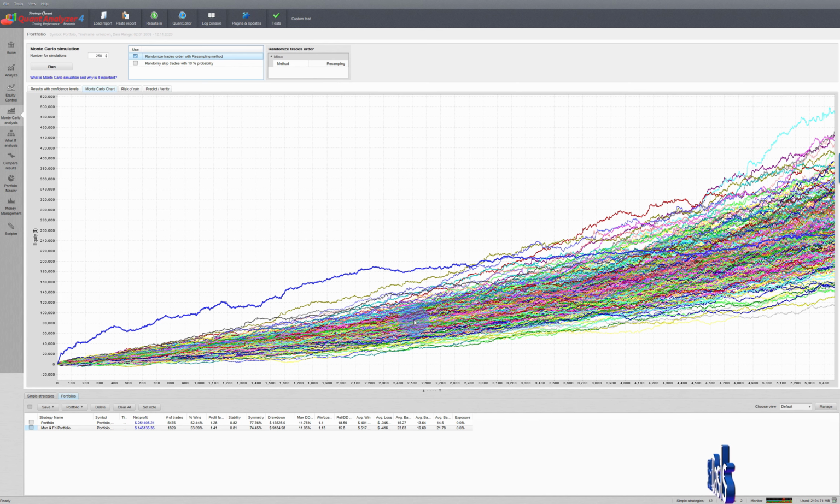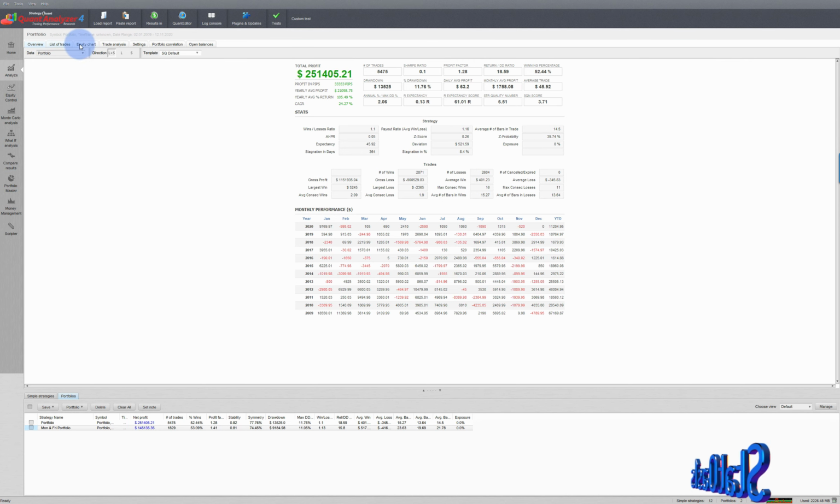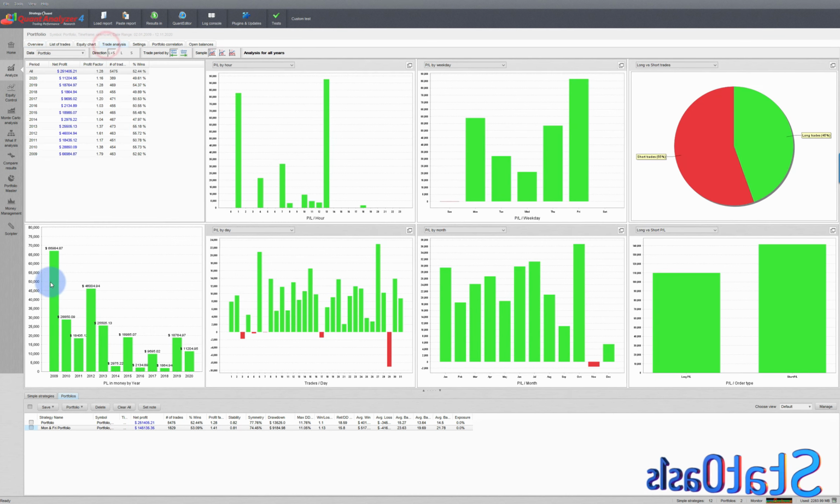So from this, we see what? This is our original curve. And clearly the original curve is an outlier in the beginning, which coincides very well with this. We know that the beginning was an outlier between 2009 and 2012, and our average is around $18,000 or even less, $15,000.